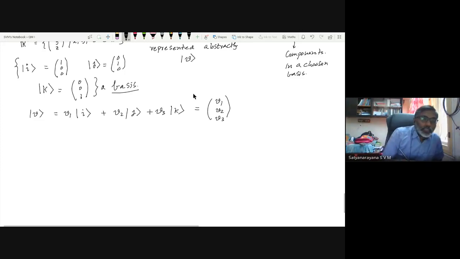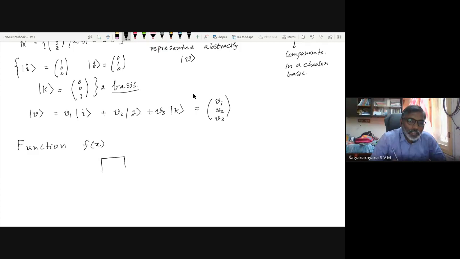Now, let us define something new, but first let us try to understand this carefully. Suppose I have a function. How do I define a function? A function f of x is always defined like this: I have some kind of a black box, which I will call f.